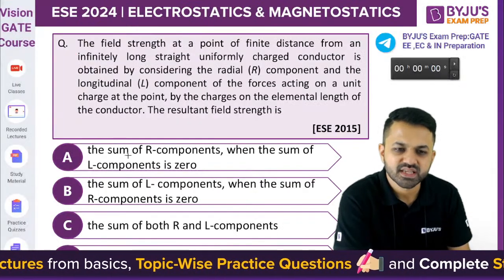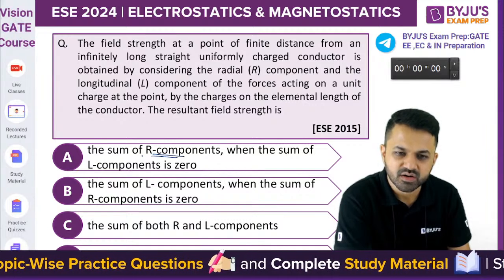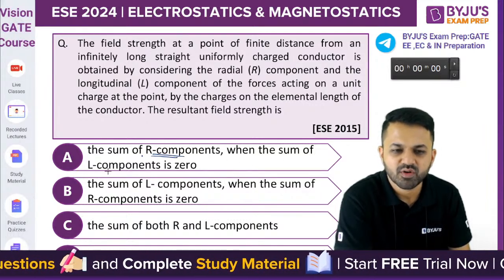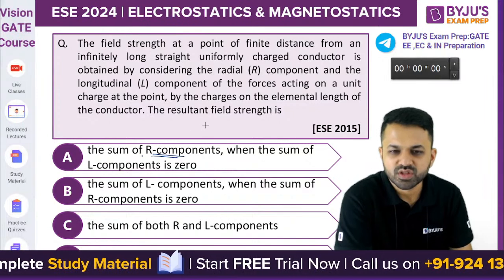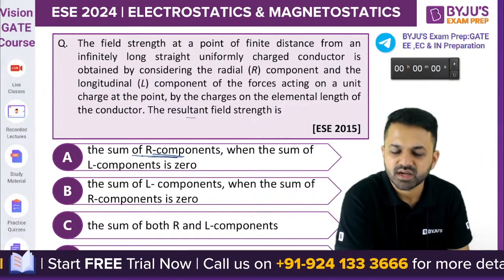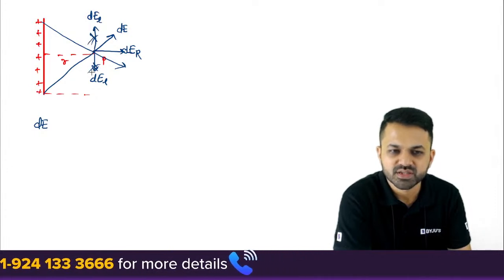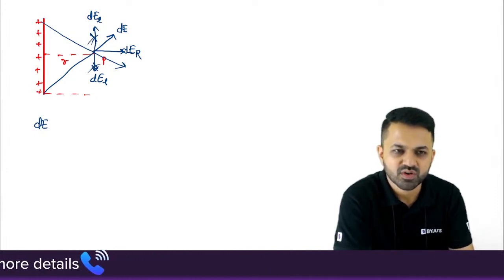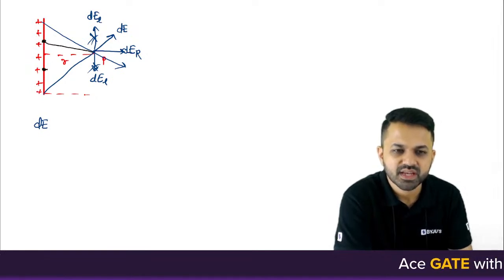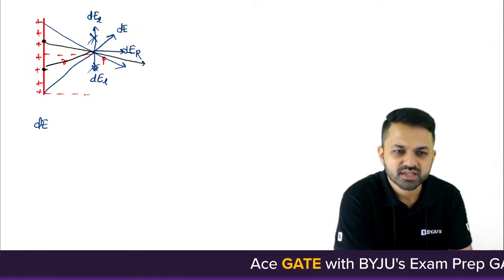So here you can see that you will get the sum of the radial components when the sum of the L component is 0. So the total electric field strength will be the sum of R components, and the sum of the longitudinal component will be 0, because for this particular point charge, if you calculate here and here, then it will be like this and this one.